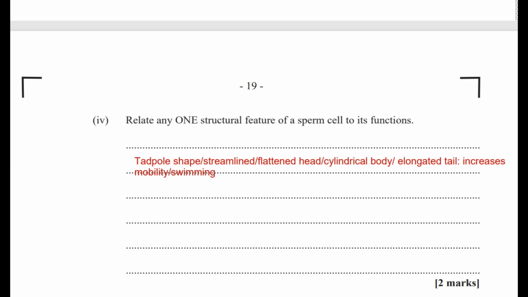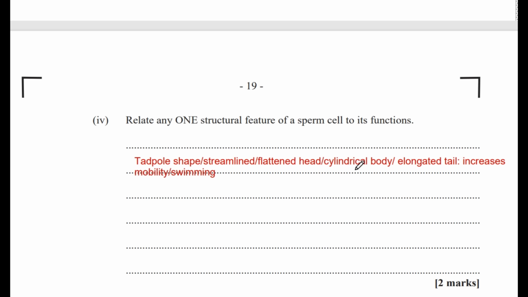But if we think about, well, what is the function of the sperm cell? Well, it is to actually reach the egg cell and fertilize it. So I would think one of the things to say is that the streamlined shape, the flattened head, the elongated tail, cylindrical body, all of that increases its ability to swim.